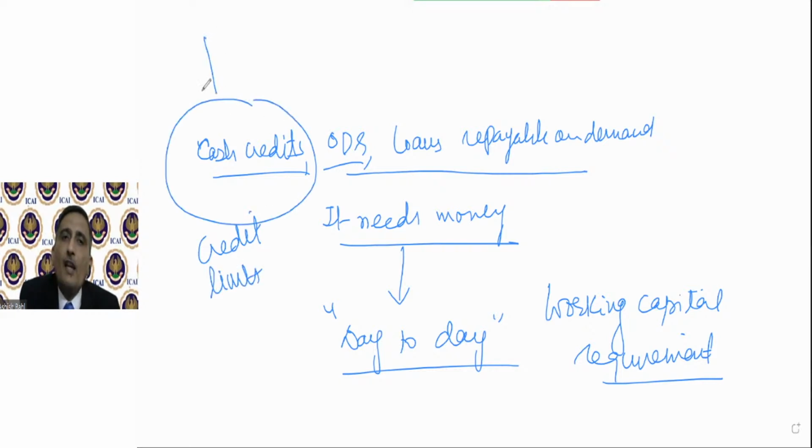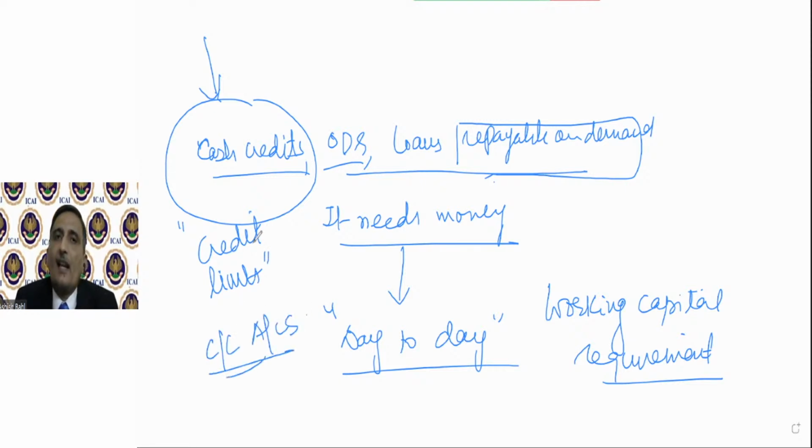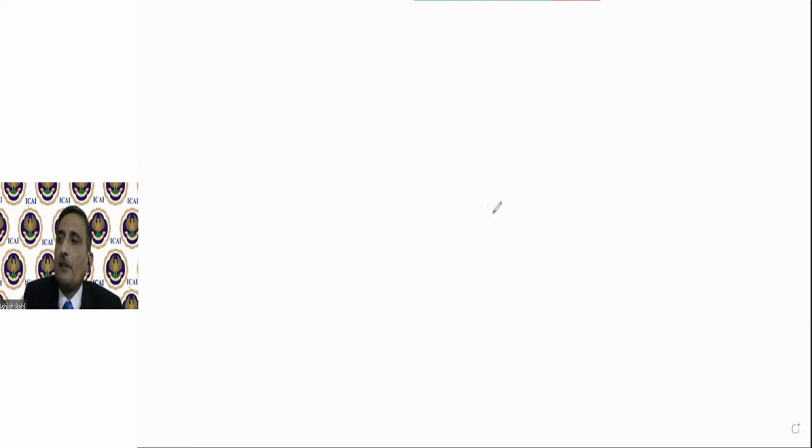In India, we call it cash credits or loan repayable on demand. In banking language, we call these CC accounts, cash credit accounts. So it is a running account. I'll show you how it operates so that you get a better perspective.